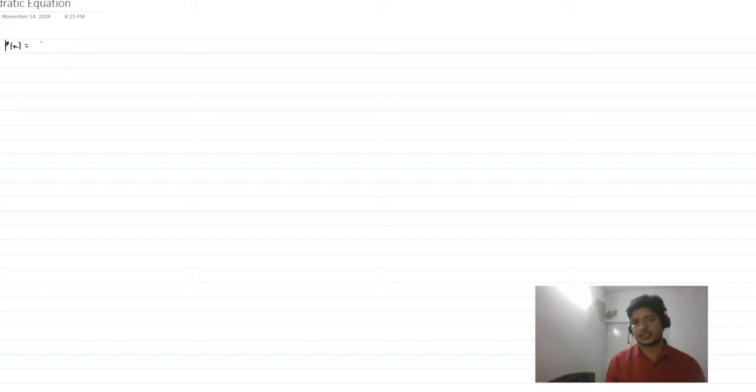Acha, one more thing. Suppose it's a quadratic equation, which means if I'm writing something like ax square plus bx plus c, this is a quadratic equation. So what's the main thing we can understand from here? That a should not be equal to 0. If a equals 0, then we can say it's a linear one, not a quadratic. Understood? Yes, sir.